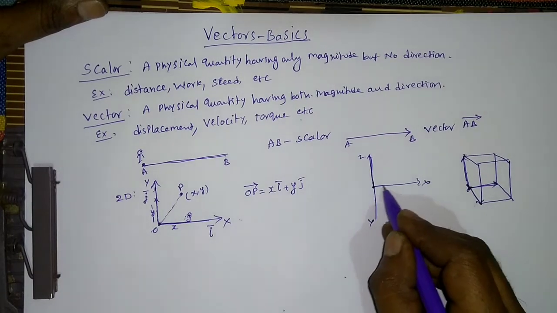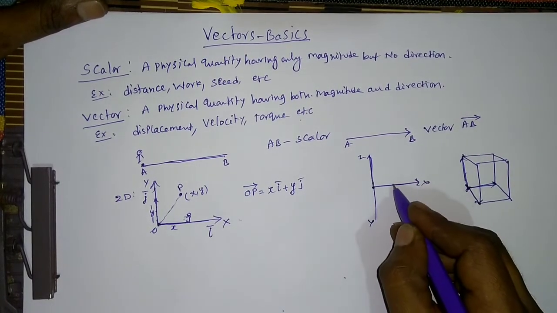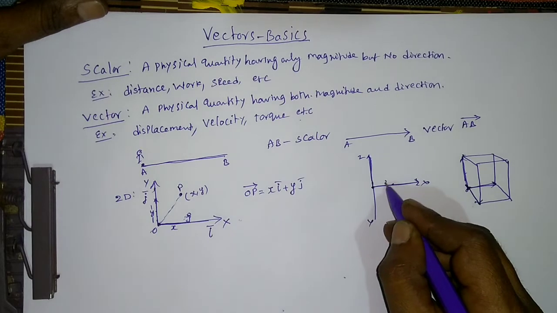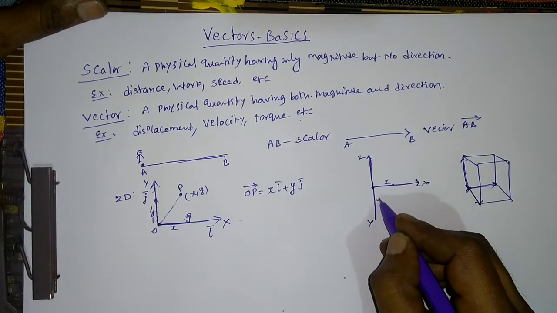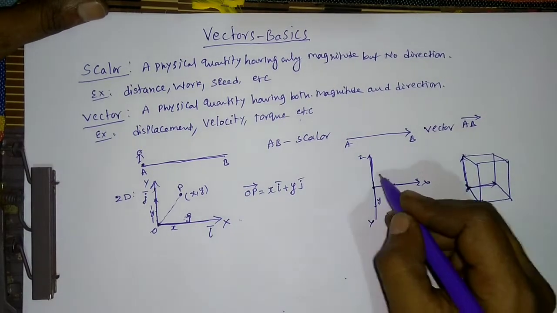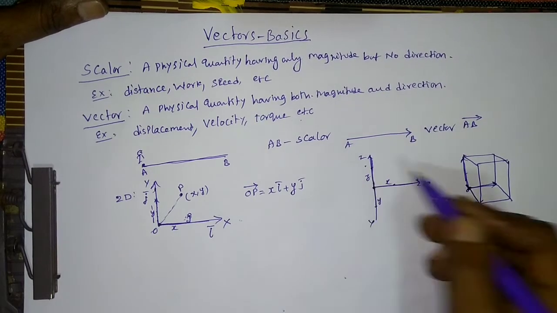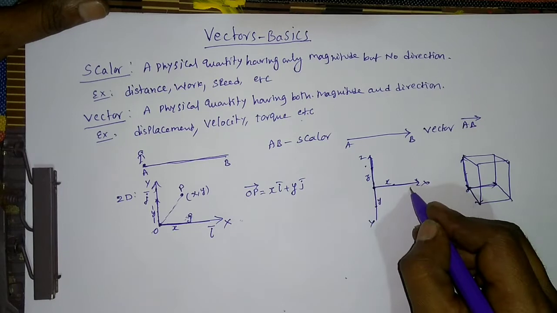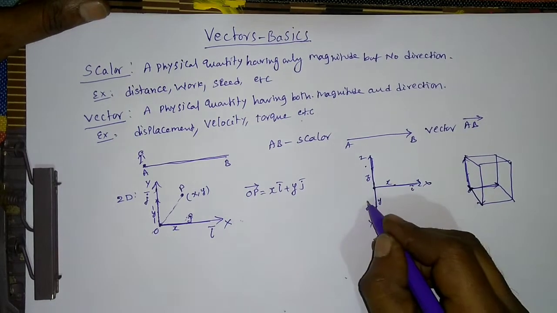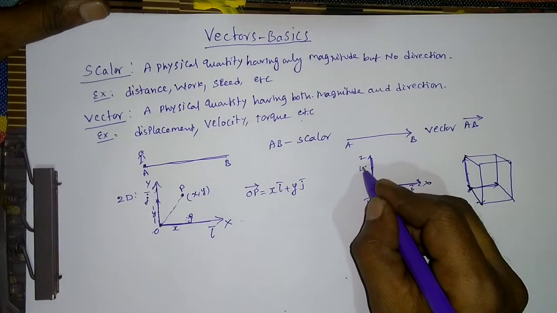Say if it is moving in the x direction, we can say that at this point x. If it is moving in the y direction, this is the point y. If it is moving in the z direction, you can say z distance. Now x is represented with i bar, y with j bar, and z with k bar.